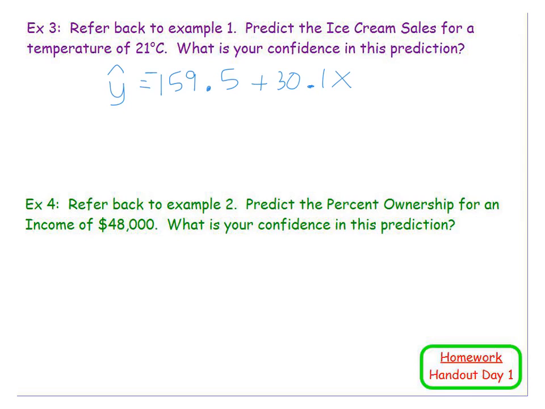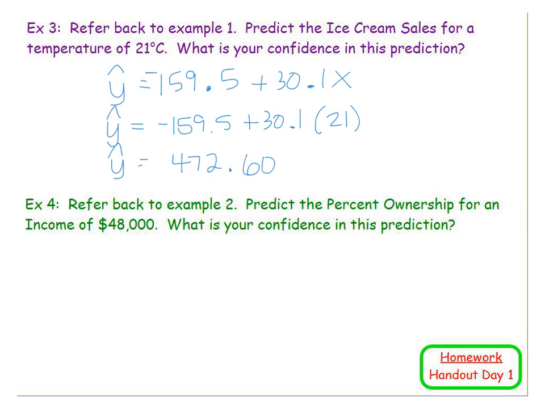So x was our temperature column, so I'm going to put 21 in our x place. So it's going to look like y hat equals negative 159.5 plus 30.1 times 21. And so you can pick up your calculator and you can type that in exactly how you see it written. And I get a y hat of 472.5, point, and I'm going to use 2 decimals, 60, because this is money.